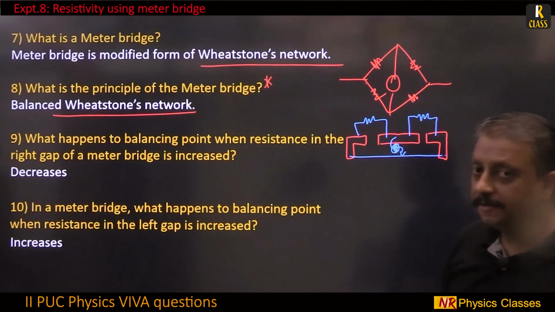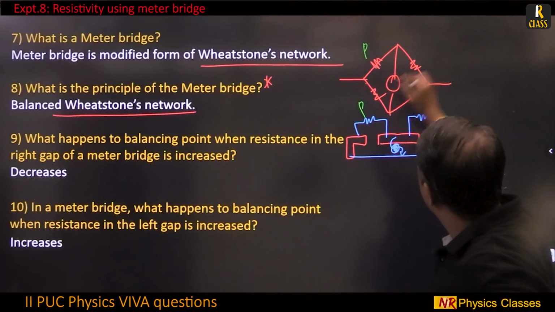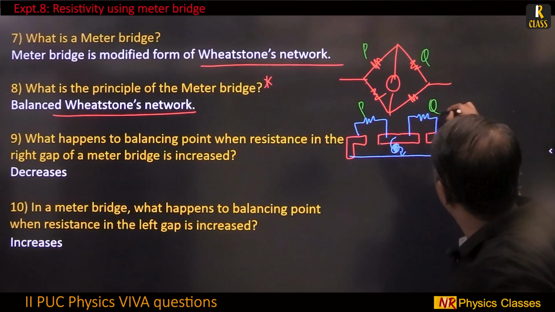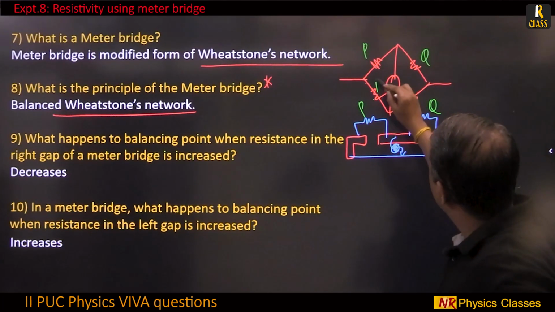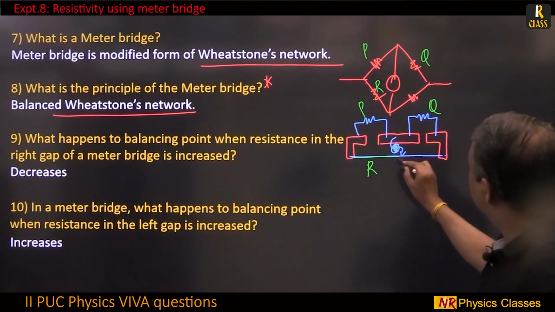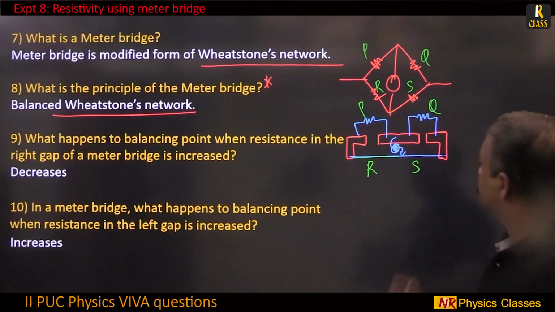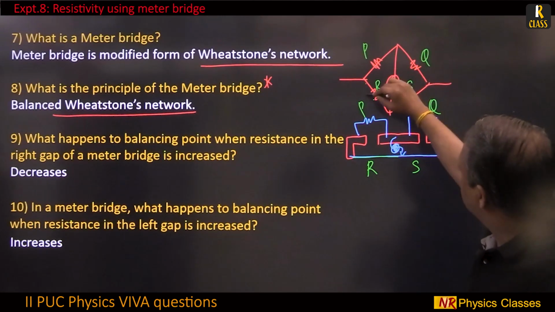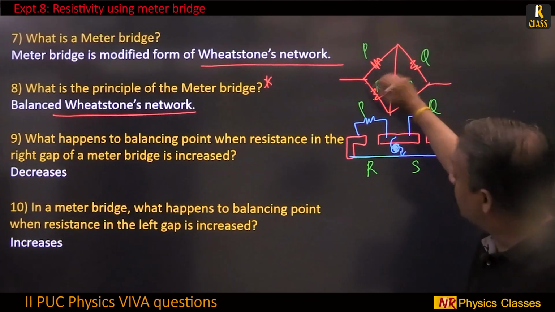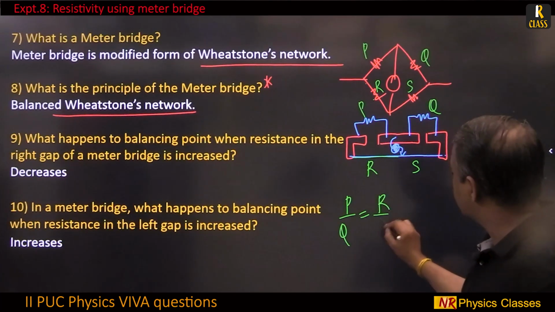This is how it is, right? P, Q, this is R, the resistance of this length is R, this is S. P by Q equal to R by S.